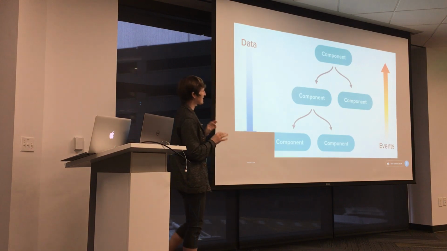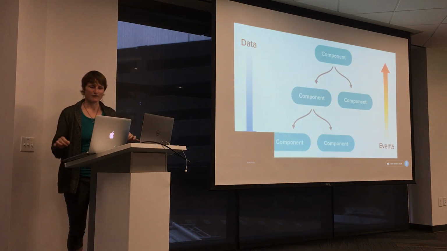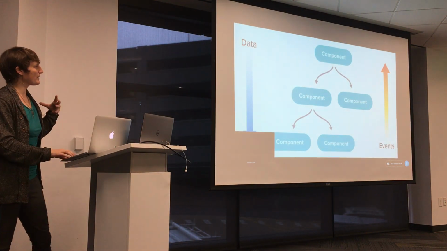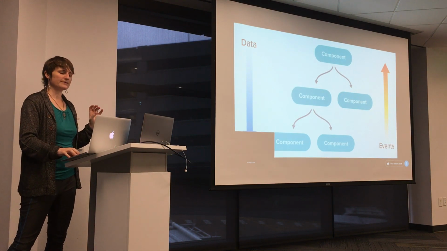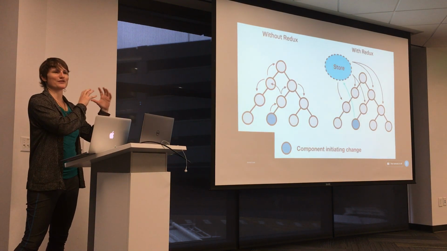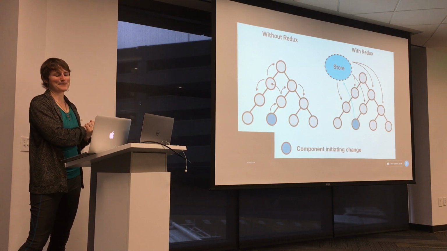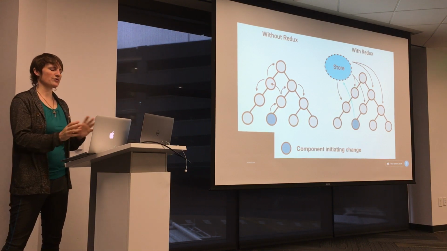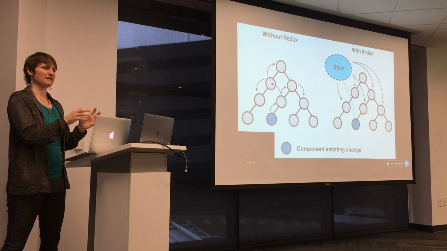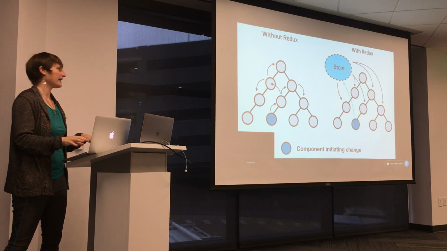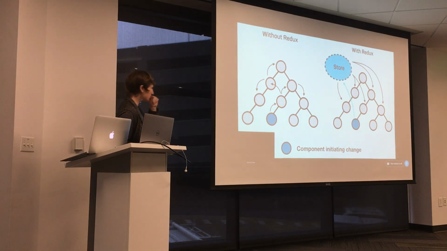So that's where Redux can be very, very helpful, because it gives you the Redux store, which ends up being the source of all truth. It's where you store all the state, all the data you need for your application, so that any component can have access to it.